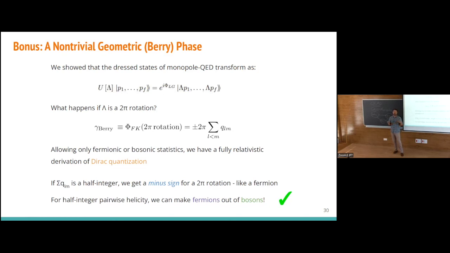It was only shown when you quantize a charge in the presence of a heavy background monopole. And we show this from the very definition of the multi-particle Hilbert space, that you can actually make fermions out of bosons. And everything goes along for the ride. These will have Pauli exclusion principle, exchange statistics, all of that has to follow through if the spin statistics theorem is going to be obeyed.